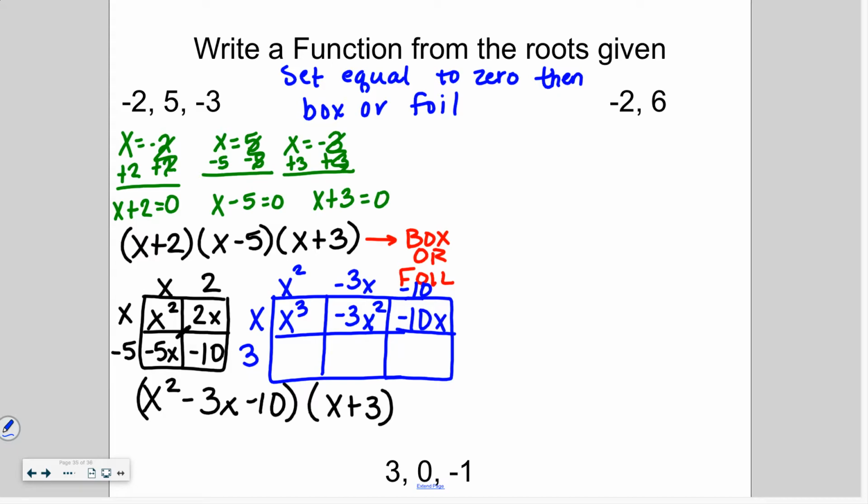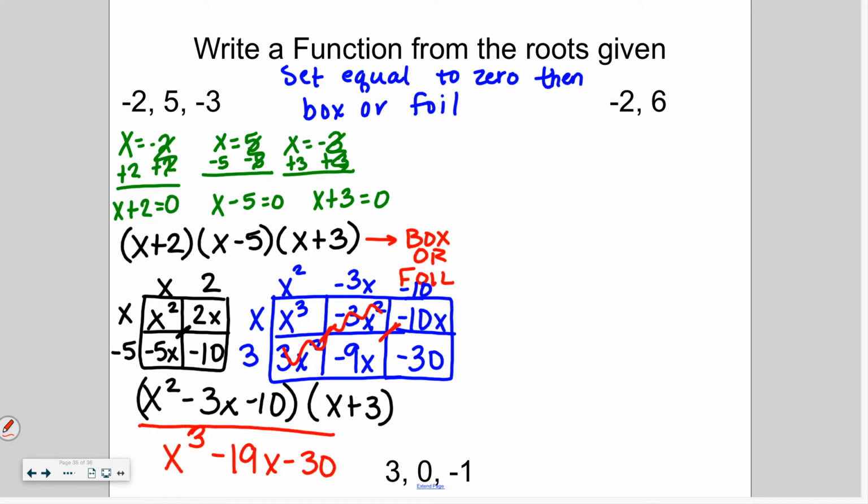Then if I do the bottom, I have 3x squared minus 9x minus 30. Combine the ones that are diagonal, and we end up with x cubed, -3x squared plus 3x squared gives me 0. I don't have to put that there because those actually cancel each other out. And then -10 minus 9 is -19x, and then minus 30. And I have taken it and put it back into a polynomial. And that is all you're doing for these. Okay? So let's do the next one.